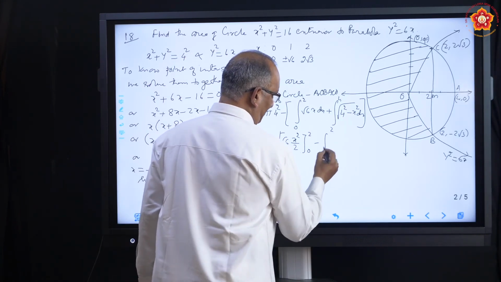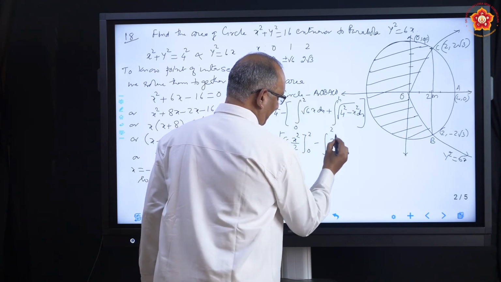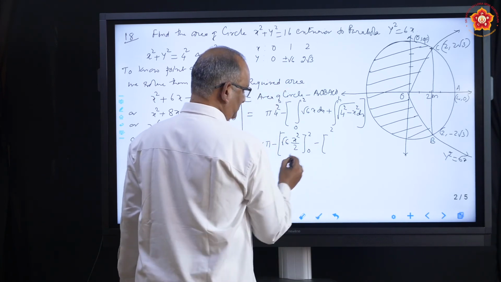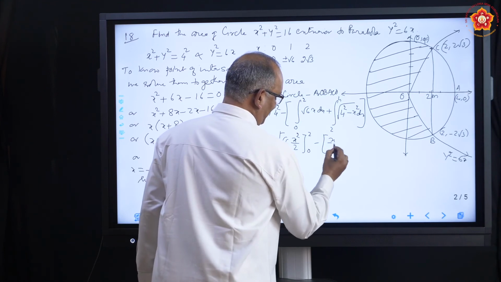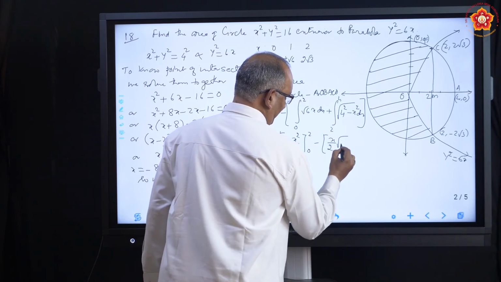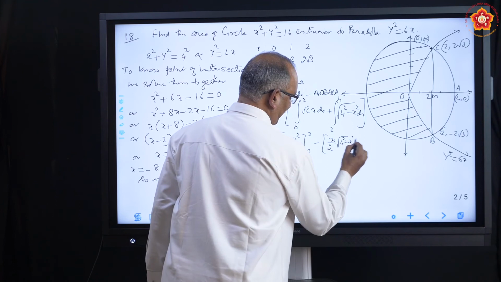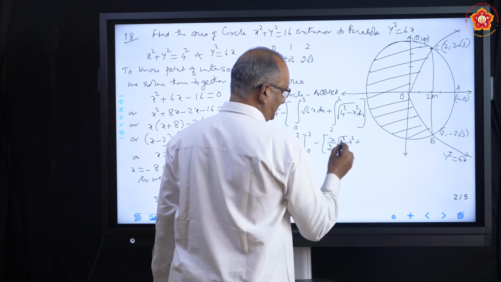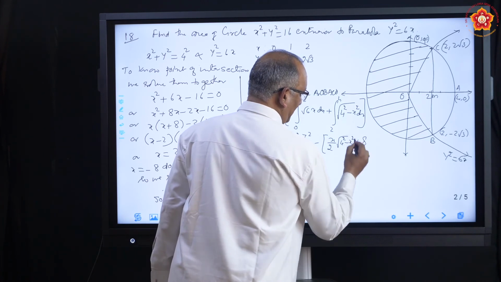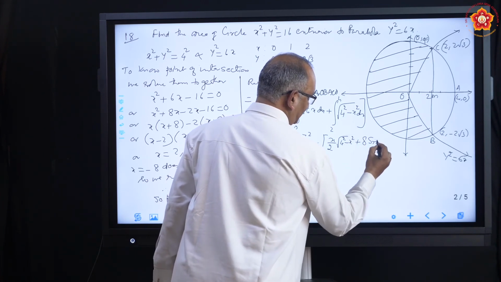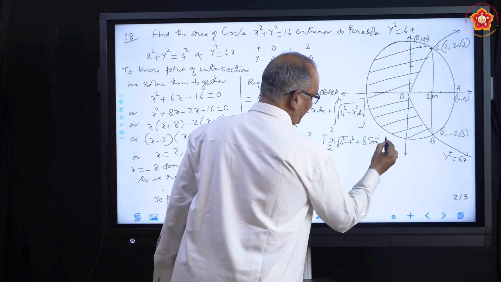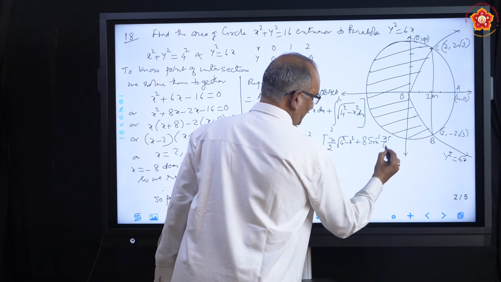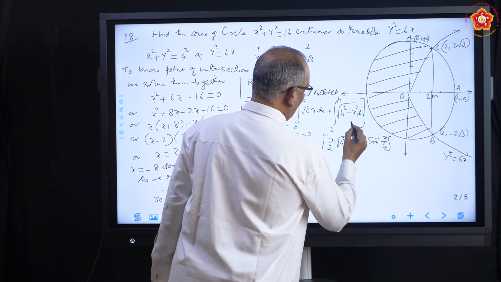What is the formula? x by 2 under root of 4 square minus x square plus a square by 2. A square is 16, 16 by 2 is 8, sine inverse x by a, x by 4. The limits are 2 to 4.